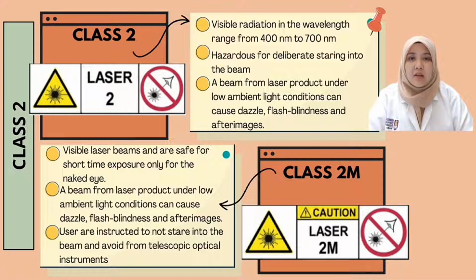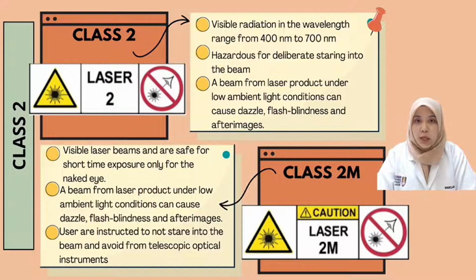However, dazzle, flash blindness, and afterimage may be caused by a beam from a Class 2 laser product, particularly under low ambient light conditions. This may have indirect general safety implications resulting from temporary disturbance of vision or from startle reactions. So, from the Class 2, users are instructed by labeling not to stare into the beam.